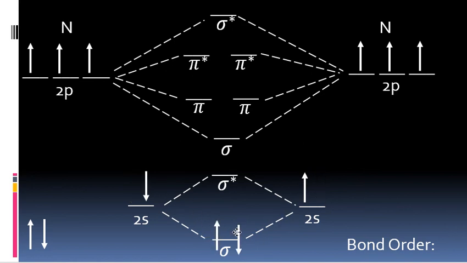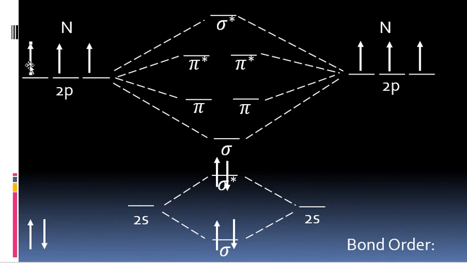Well, I can fill my lowest bonding orbital, my sigma bonding orbital, and then I can start working on filling my sigma star orbital. Now I have essentially 1, 2, 3, 4, 5, 6 electrons to use to fill up my molecular orbitals.